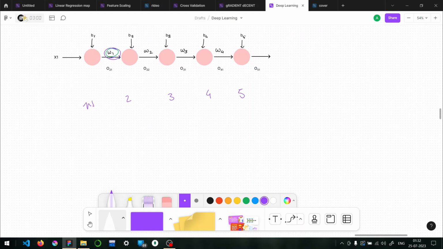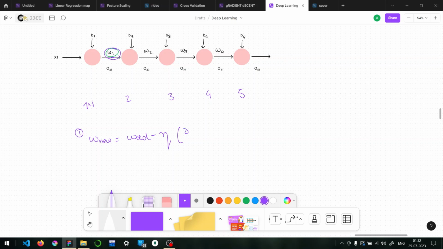Let me write the expression, or you can write it by yourself as well. Now I think you are capable to do that, right? So, W new, that is, we are writing for 1. W new is equal to W old minus the learning rate into, I'll directly write in the form of the partial derivative.